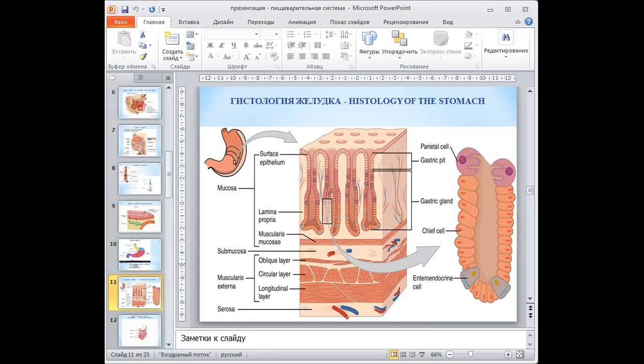There are a lot of roundish elevations in the mucosal shell. They are named gastric fields. Into the gastric fields are located gastric pits. At the bottom of the gastric pits open the glands' ducts. The mucosal shell has creases.